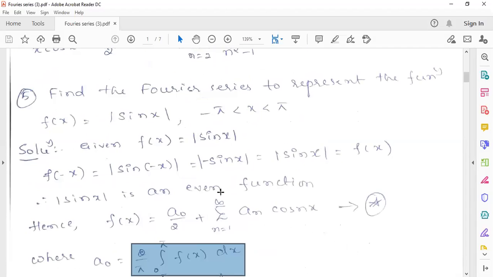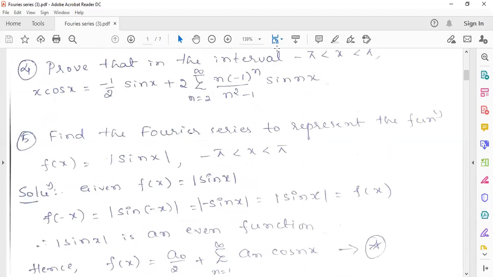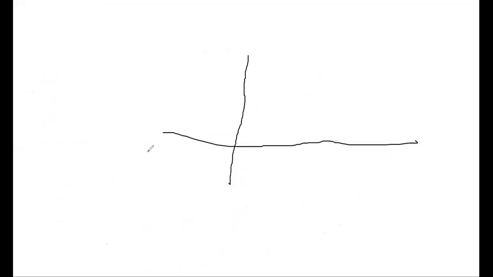So in the interval 0 to pi, what is the value of f of x? The function is given as f of x equals modulus of sin x in the interval minus pi to pi, that is, minus pi less than x less than pi.